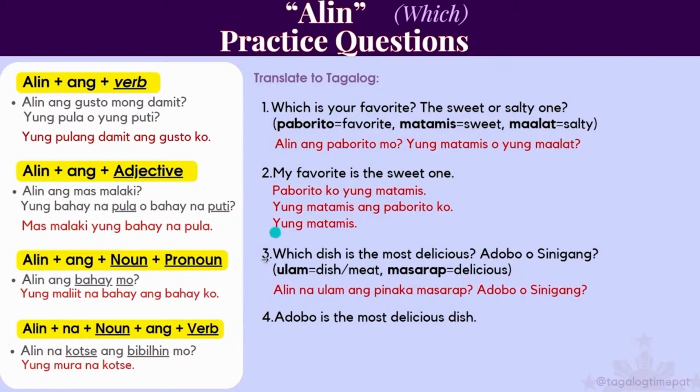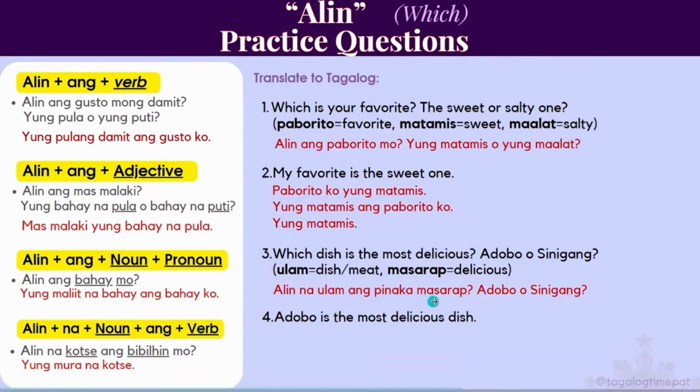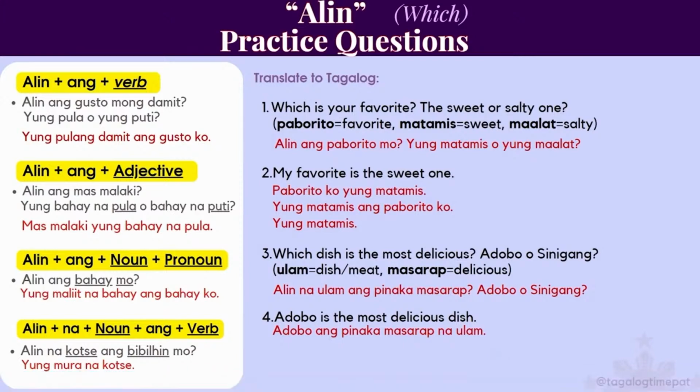So, it's kind of taking rule number 4, but then instead of a verb, it's adding the superlative adjective. And then the choices would just be adobo o sinigang. Adobo is the most delicious dish, would be adobo ang pinakamasarap na ulam.